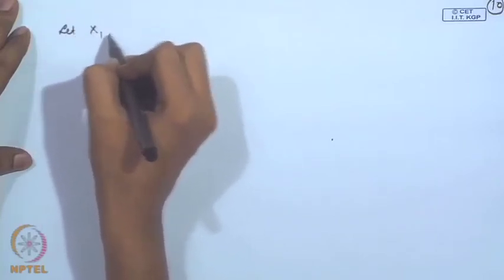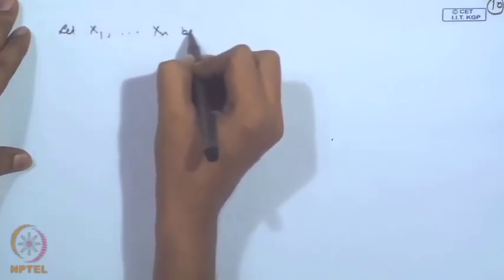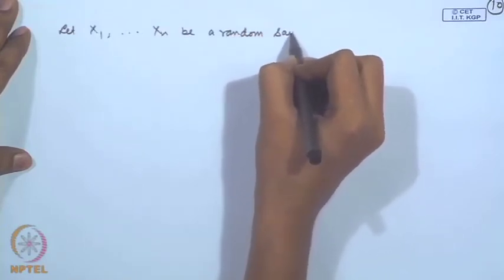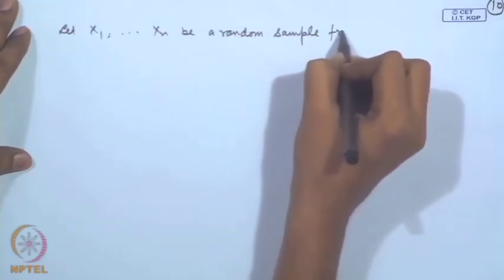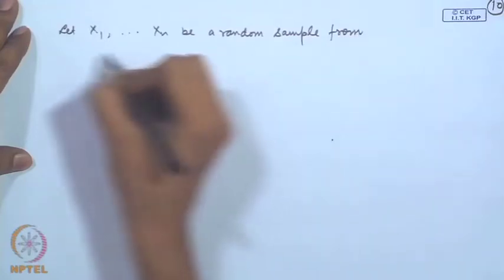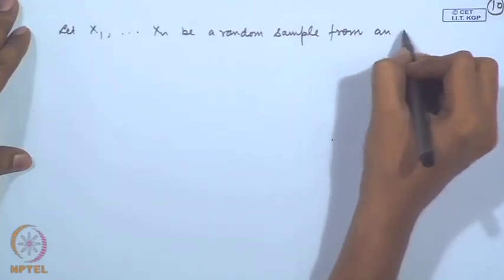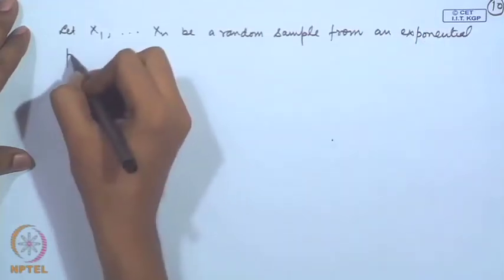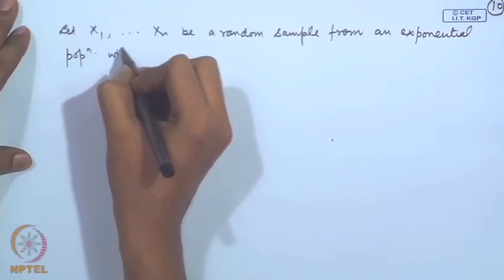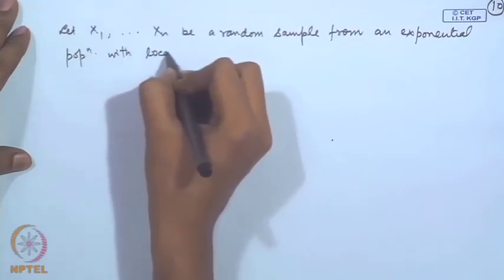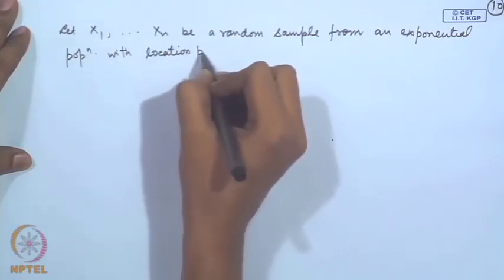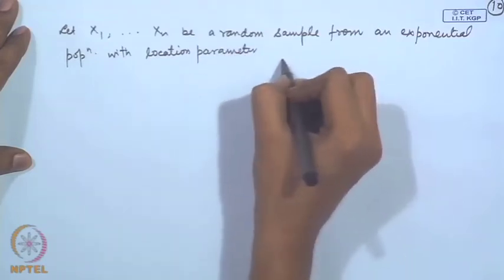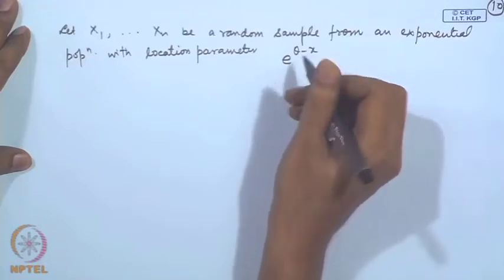Let X 1, X 2, ..., X n be a random sample from an exponential population with location parameter, that is, e to the power theta minus x is the density function.